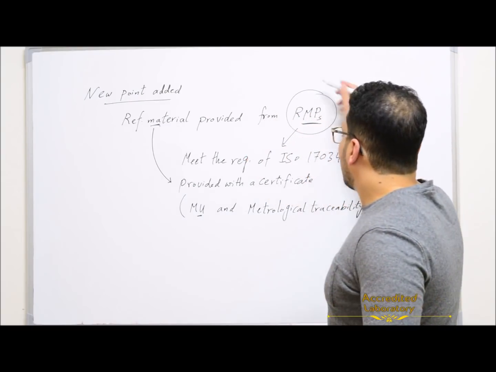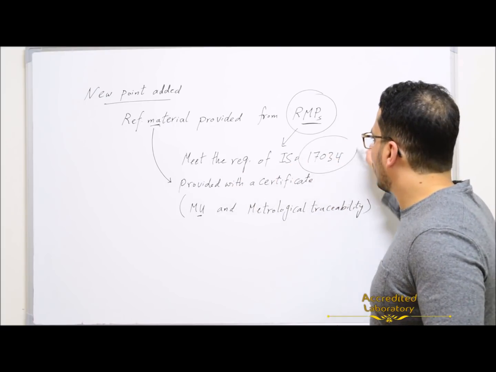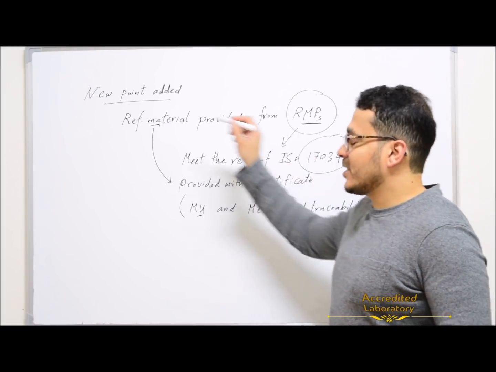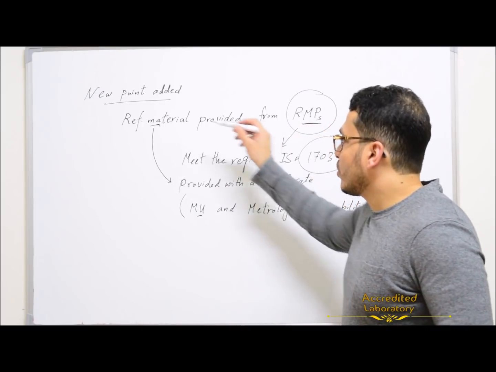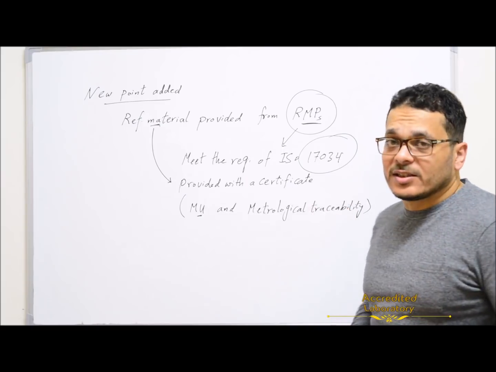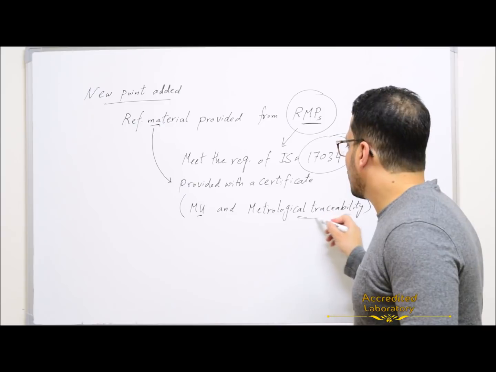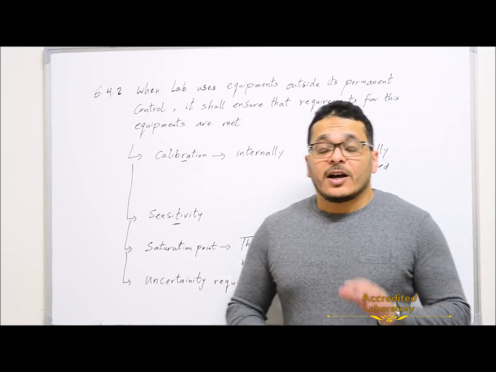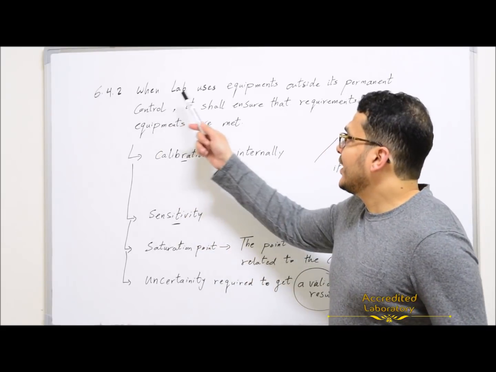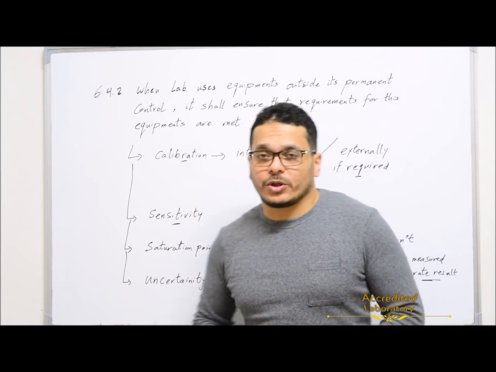These reference material producers should meet the requirements of ISO 17034, and you should have a certificate for this. And also this reference material, as before, should be provided with a certificate containing the measurement uncertainty and also metrological traceability.